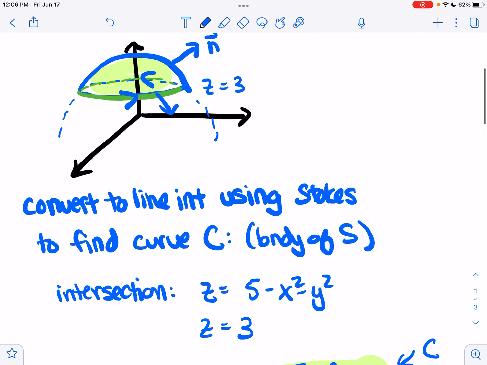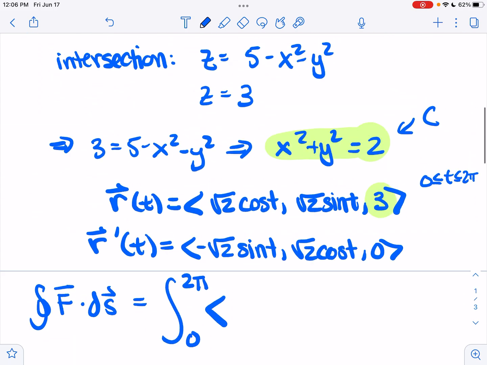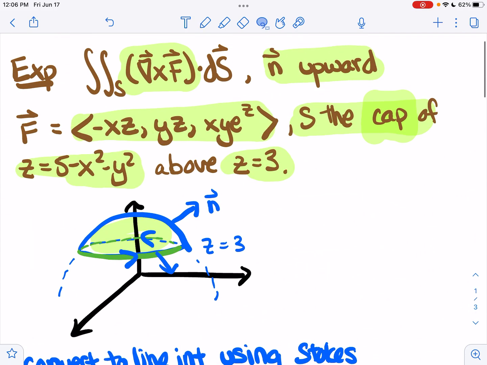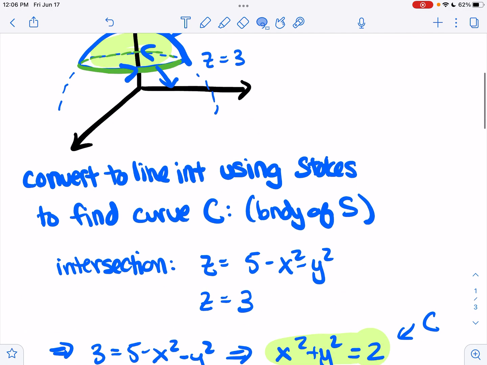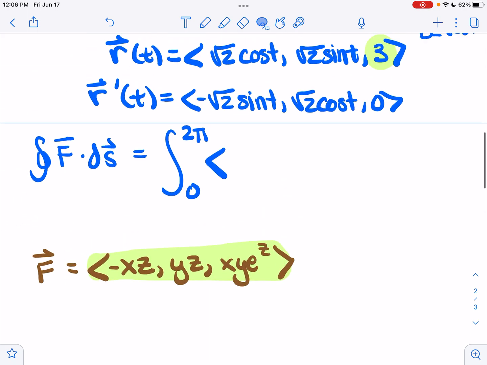F, or I just lied. That's f itself. It's not the curl of f. We don't have to take the curl of this because we're doing it as a line integral instead of as a surface integral. Sorry. Feel embarrassed, but mistakes happen. There we go. So there's f for reference.